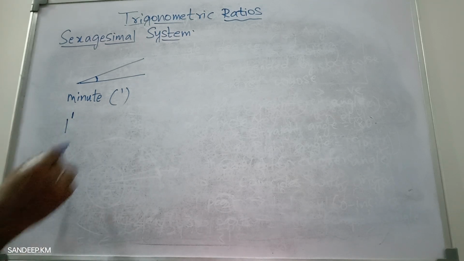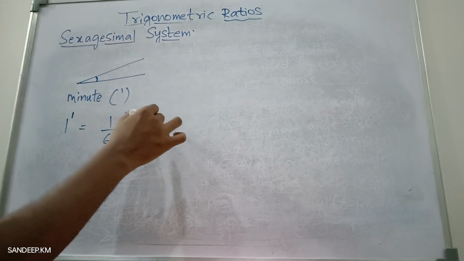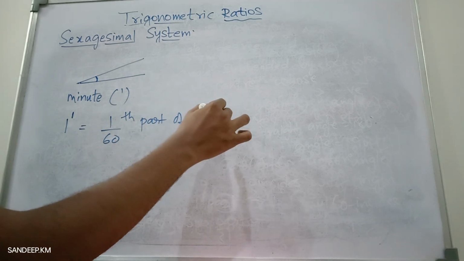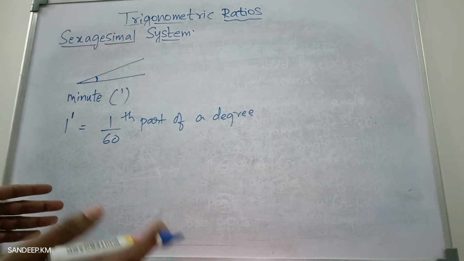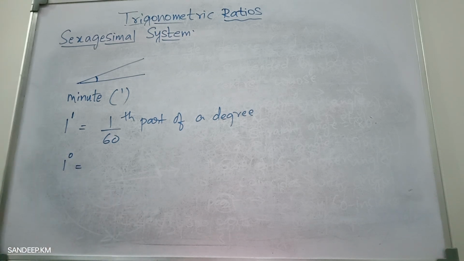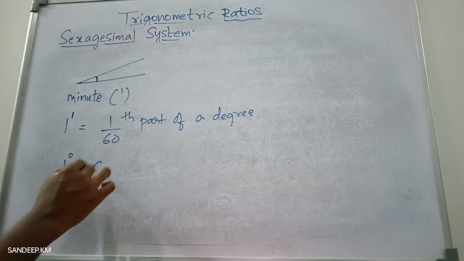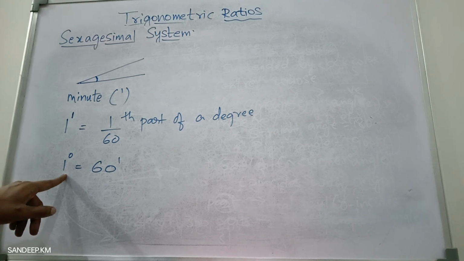It means minute. 1 minute is 1 by 60th part of a degree. So if a degree is divided into 60 equal parts, each part is a minute, which means 1 degree contains 60 minutes. Therefore, 1 degree is equal to 60 minutes.